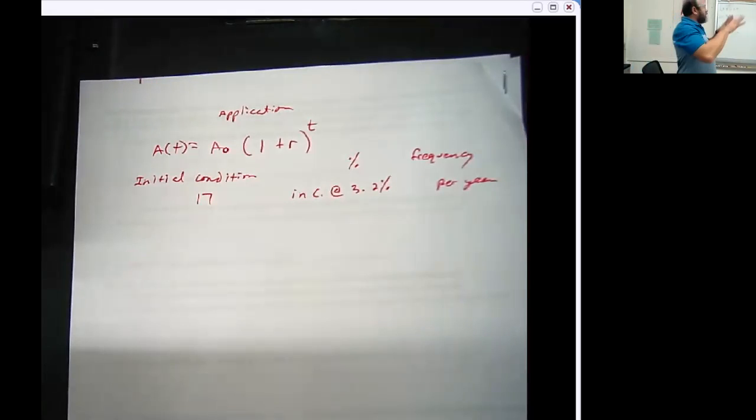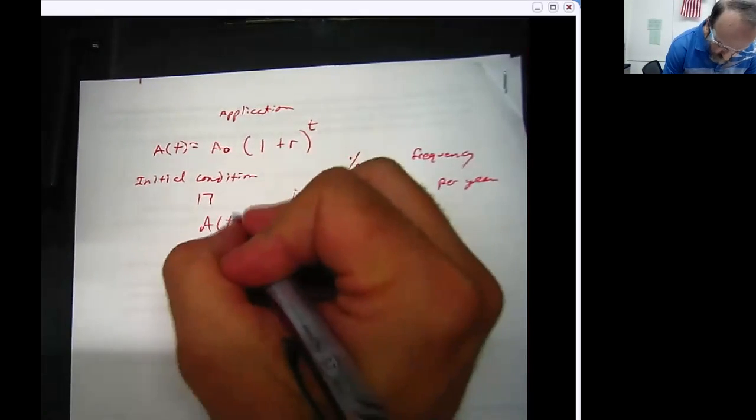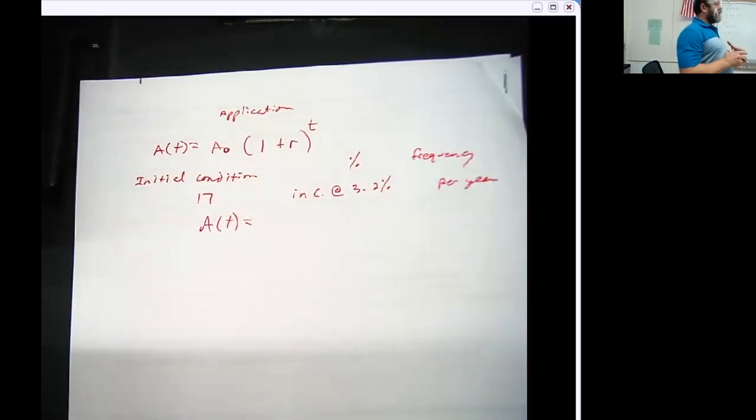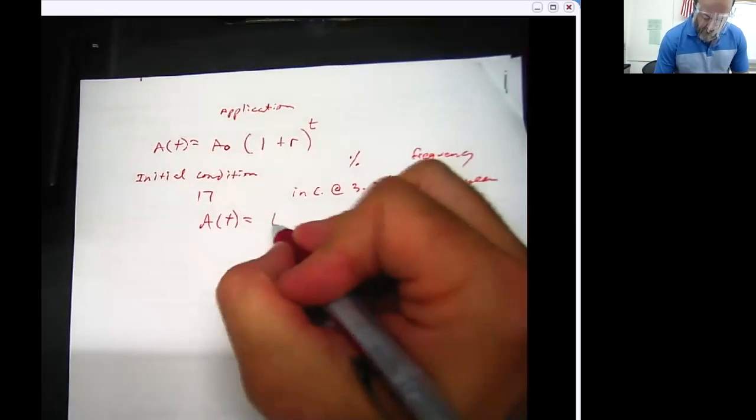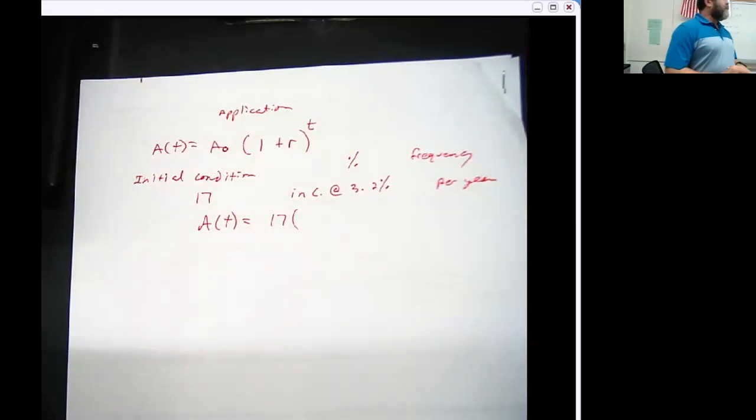Now, there's a reason I'm going to go through some of this stuff in a second. If I were going to make this equation, A of t, the first part of what you're going to do today is literally, can you make equations out of these things? Well, what was my initial condition according to this? 17. It is increasing at 3.2%.